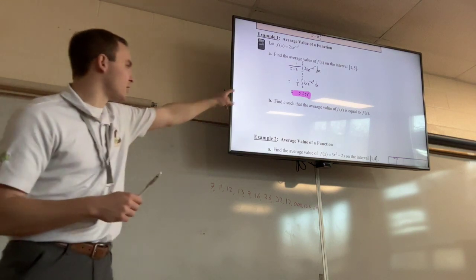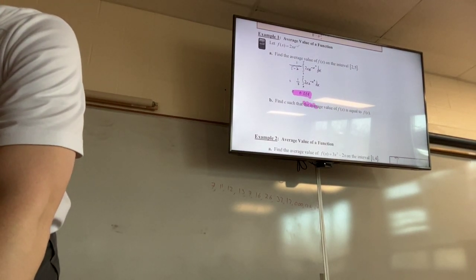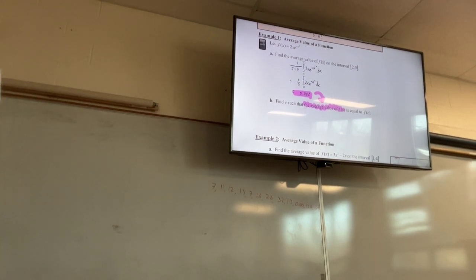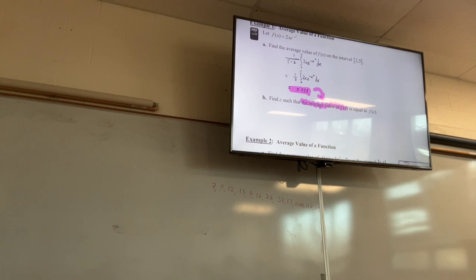So we have the average value of f of x, which is what we just found, right? So we want to find some f of c. It's going to be 2c e to the negative c squared. We want that to be equal to 0.006.